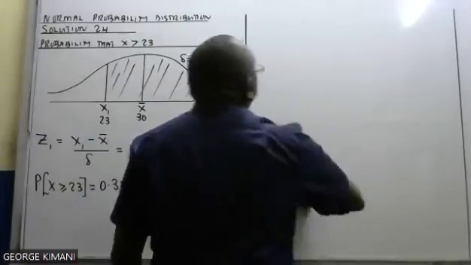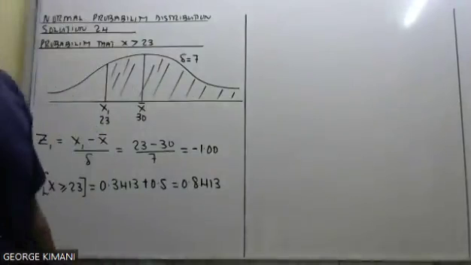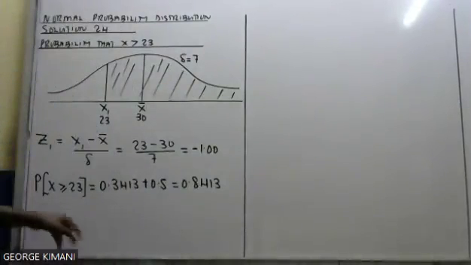So that is the answer. That is the probability that x is greater than 23.